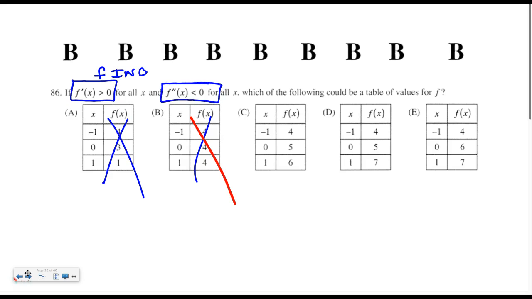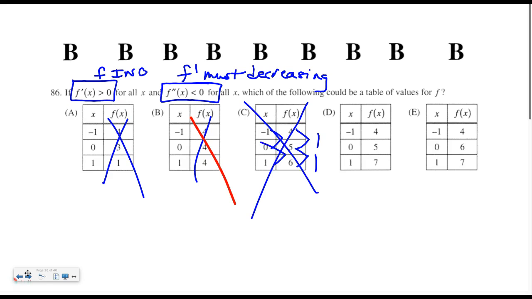If the second derivative is negative, that means f prime, which are the slopes, must be decreasing. So I will find some slopes and see if they are decreasing. Slope here, change in y is 1 over 1, 1 over 1. They're staying the same. I need it to decrease. This would be 1 over 1.